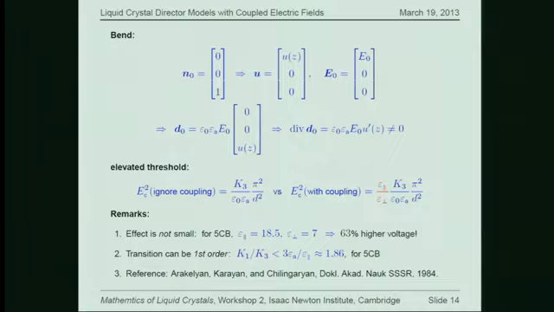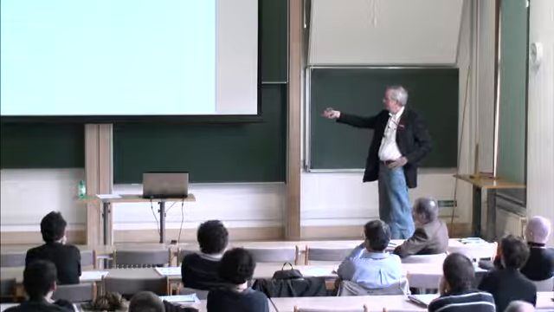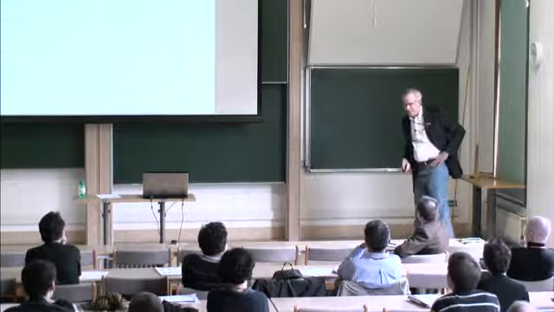But once you decipher the notation, they gave essentially the same formulas for the elevated threshold and the change from first order to second order transitions. I found that very depressing, but now I'm acting as a publicist for these guys.